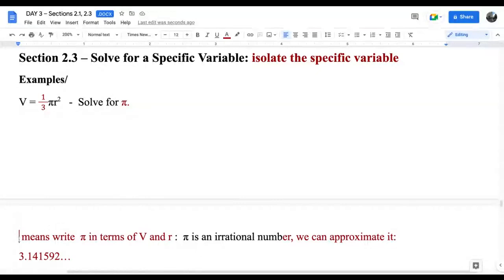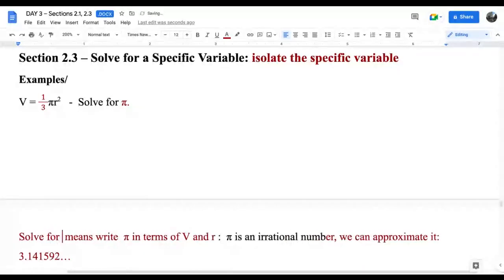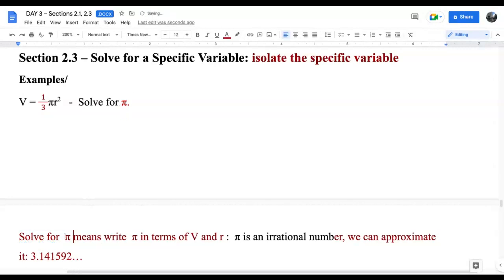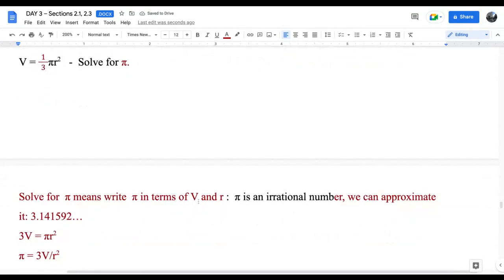Solve for v means single out v on one side, or isolate. Solve for v means write v in terms of the other variables, which means v is by itself on the left-hand side.